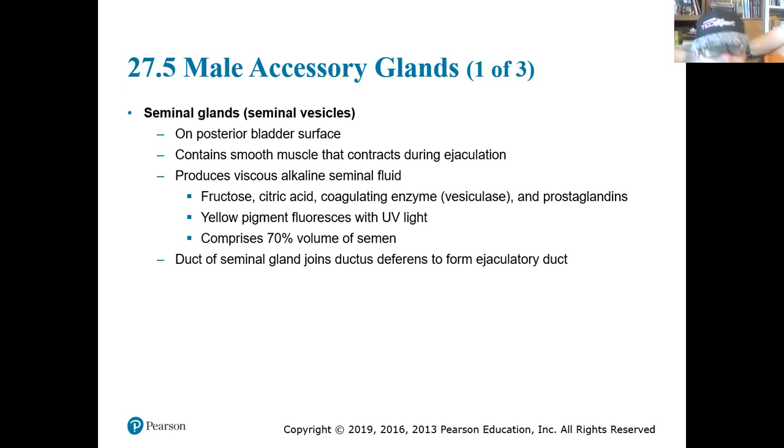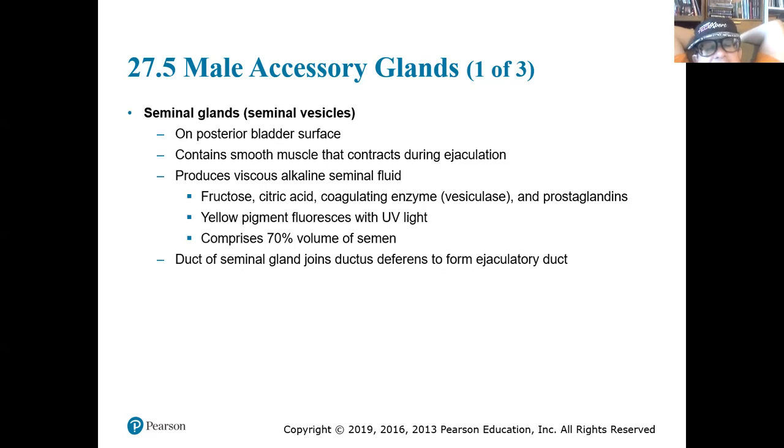The fluid from the seminal vesicles has a yellow pigment in it that will fluoresce under UV light. You've probably seen those things where they go into a hotel and they shine the black light, the UV light, to look, and oh, look, there's semen here and there. That's what they're looking for.